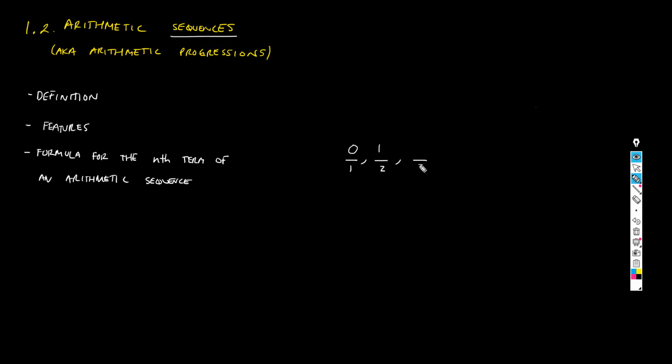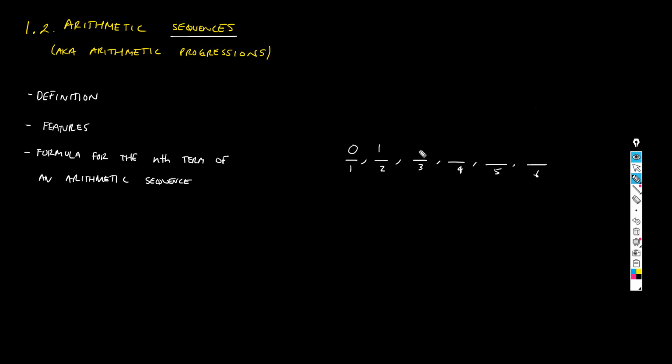And then the rest of the terms of this sequence are going to be constructed by following a certain specific rule. For example, each new term in this sequence is going to be the sum of the two previous terms.